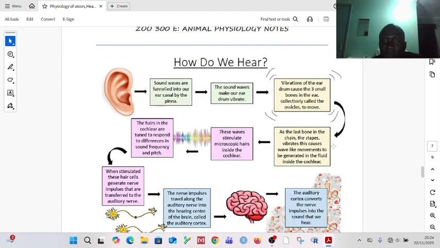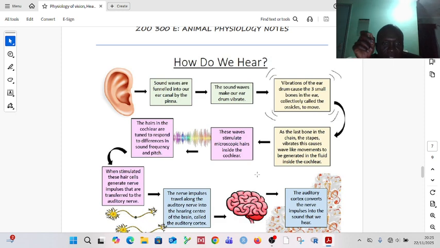As those three bones move, the last bone, which is now the stapes, as it moves, it causes wave-like movements to be generated in the fluid found inside the cochlea. Okay? So inside the cochlea there is fluid, and also inside the cochlea there are tiny hairs. So as that fluid moves inside the cochlea, because the stapes has moved, that fluid will cause those tiny hairs to be stimulated.